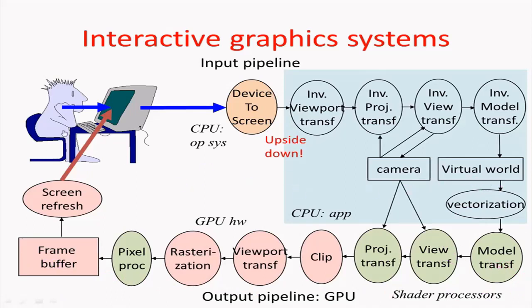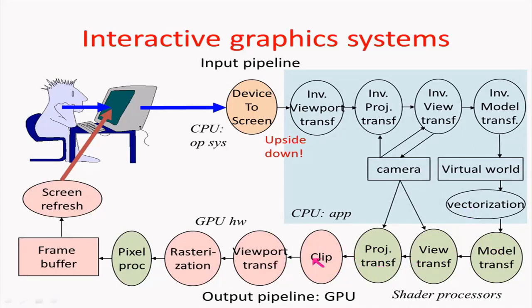In the output pipeline, the virtual world is vectorized first, since only points, lines, and polygons can be transformed with homogeneous linear transformations. Then, modeling, view, and projection transformations are executed, moving the current object to normalized device space.